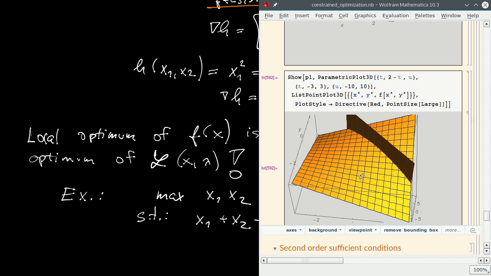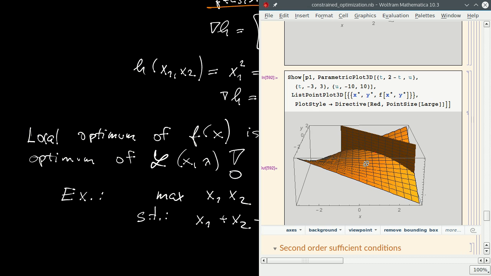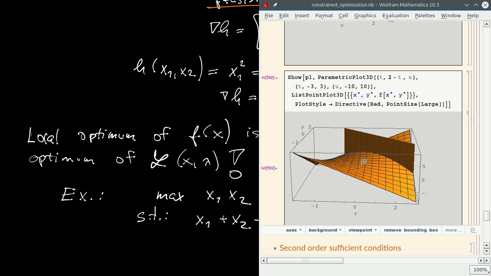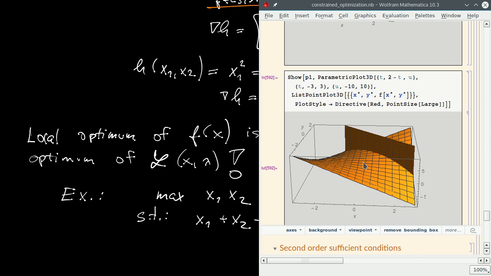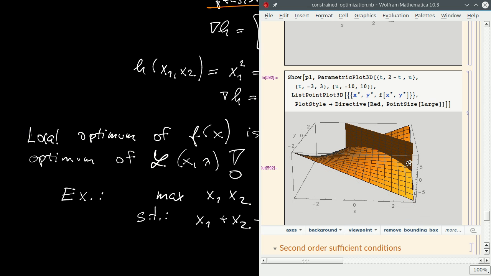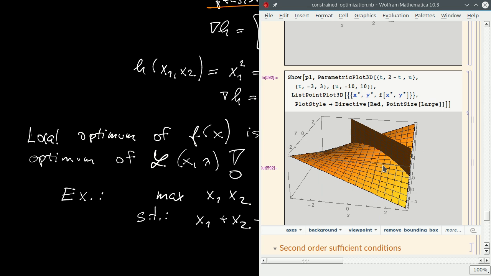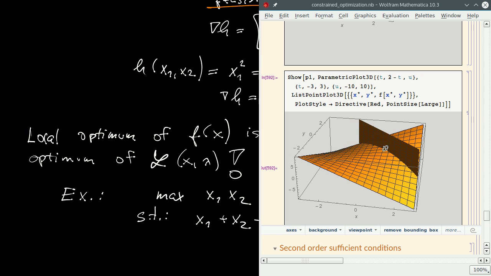Over here you can see the original cost function for the unconstrained problem and then its restriction due to the linear constraint. The critical point is highlighted here using the red point.